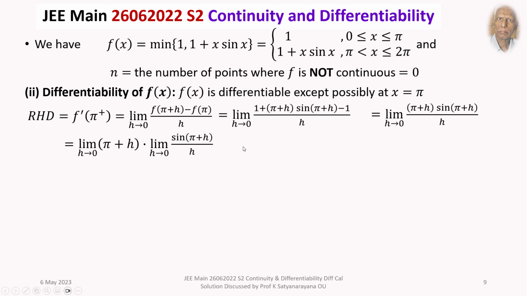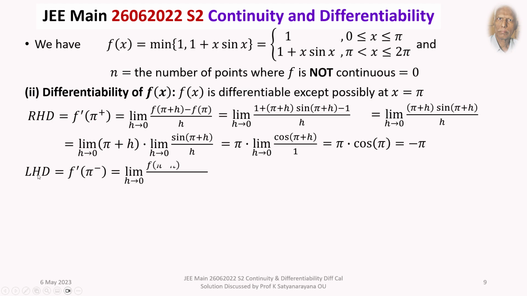Use L'Hopital's rule. The derivative of sine is cos, divided by the derivative of h, which is 1. As h tends to 0, cos of pi plus h by 1 is cos pi only. Cos pi is minus 1.